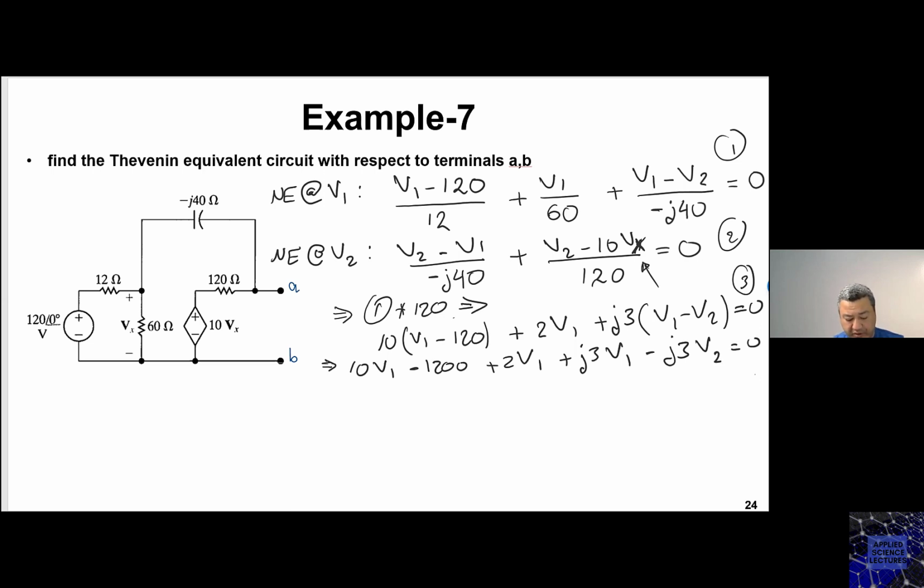So the real parts here, I have 10 V1, I have 2, right? So I have 12 V1, then I have plus J 3 V1 minus J 3 V2 equals 1200.